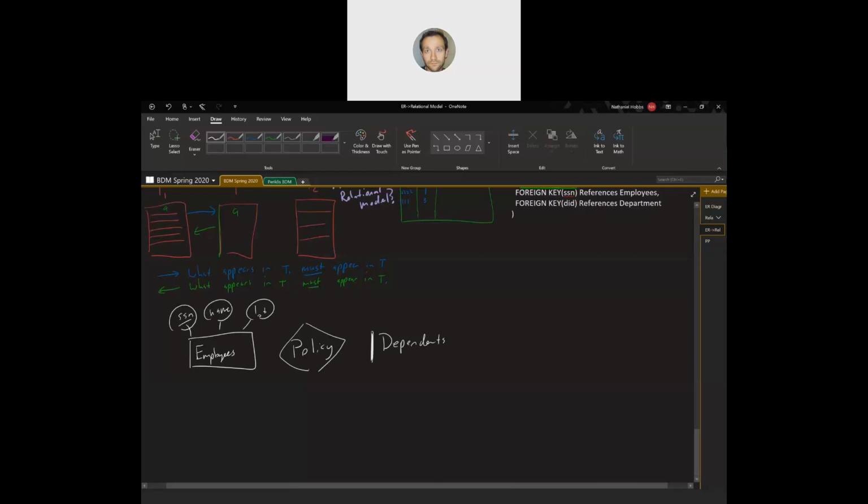Making this thick. Dependents have a name and an age.